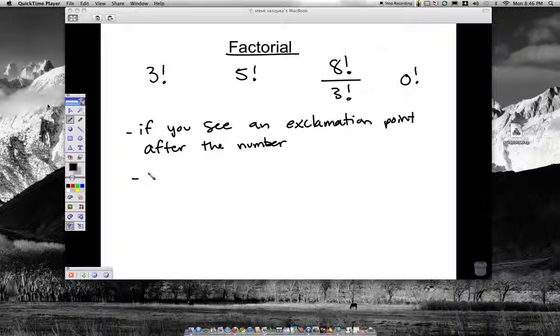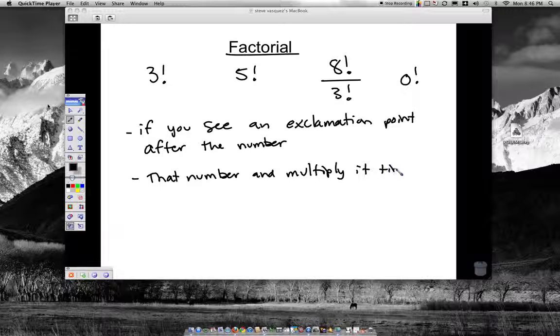In order to figure out the factorial, you take that number, multiply it times all the smaller numbers down to the number 1.